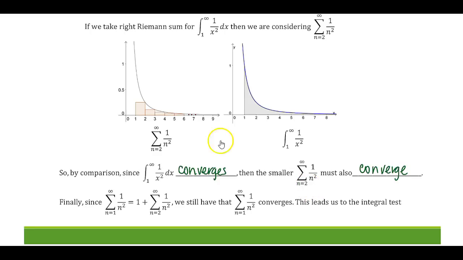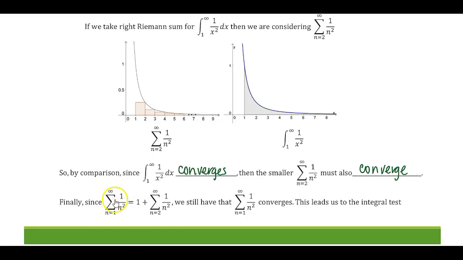But again, we're starting this one at 2 using that right Riemann sum. And we were ultimately trying to find out about the sum from n equals 1 to infinity of 1 over n squared. But we can think about it as substituting in 1, that's the first term. So if I substitute 1, 1 over 1 squared is 1. And then plus the remaining terms, n equals 2 to infinity of 1 over n squared.